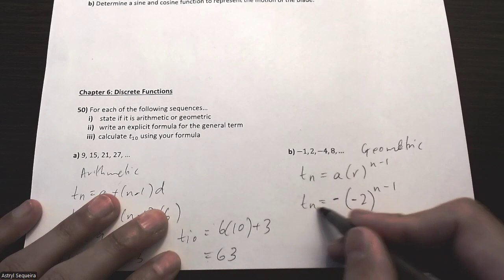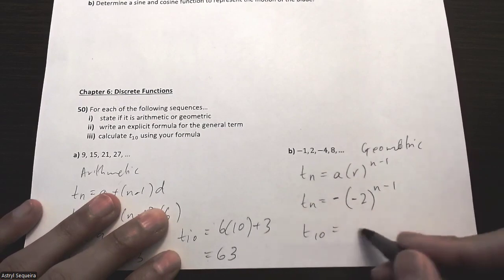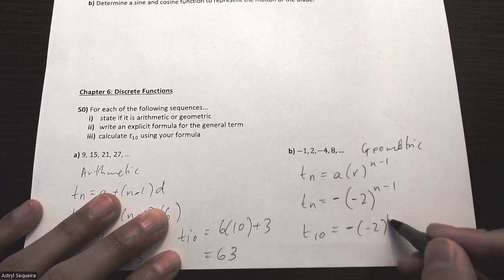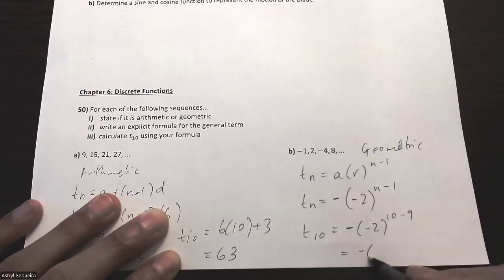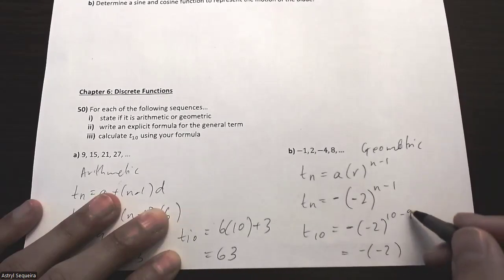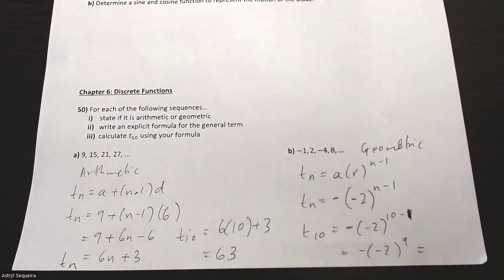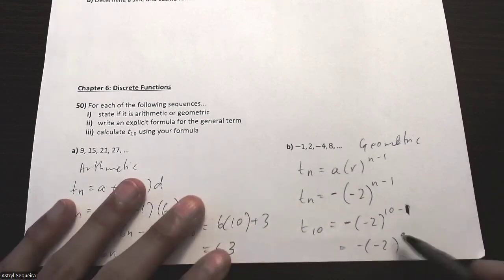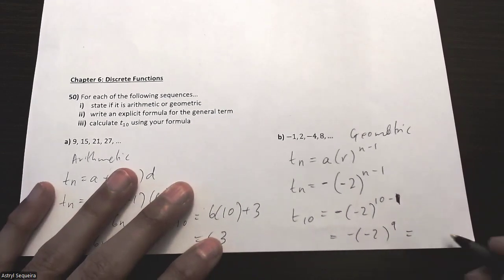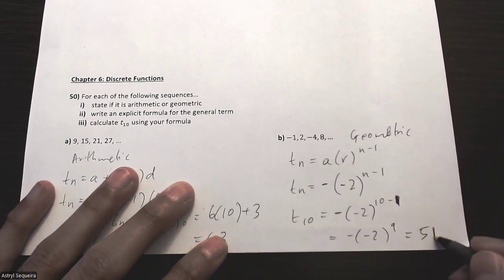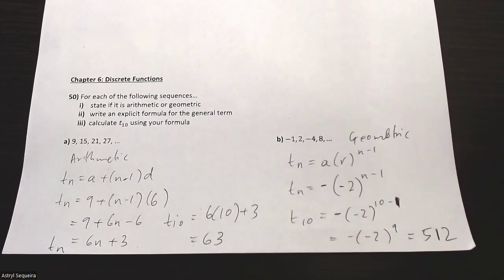So that's my formula right there. And then T10 is just -(-2)^(n minus 1), which is -(-2) to the power of 9. And then I'll just put this in my calculator. Make sure you type it exactly the same. Don't distribute the negative into the bracket. That's not allowed. Just get 512.